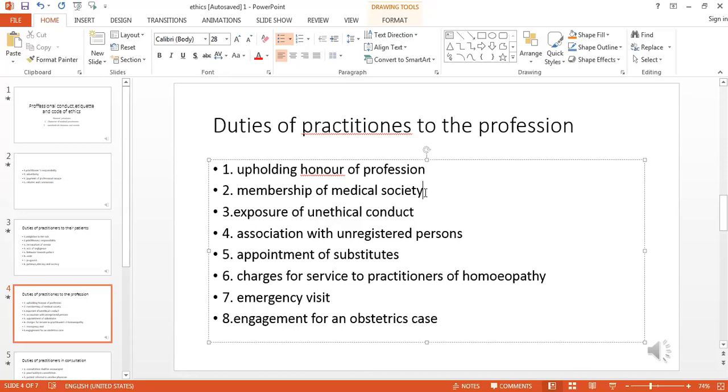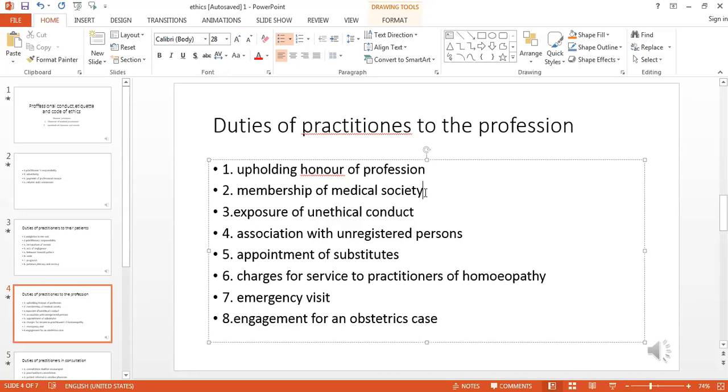Whenever a practitioner of homeopathy requests another to attend his patient during his temporary absence from practice, professional courtesy requires the acceptance of such appointment by the latter if it is consistent with his other duties.